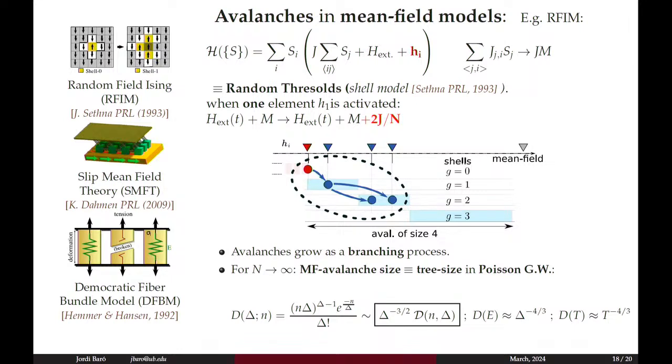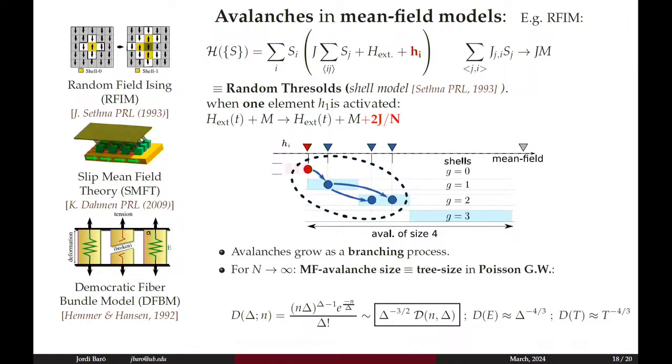And this kind of mean field behavior is exactly a Poisson branching process. So avalanches grow as a branching process where the generation is a measure of time as well.